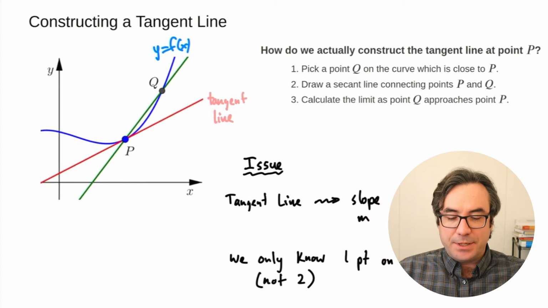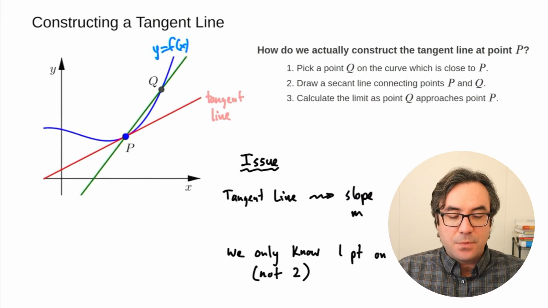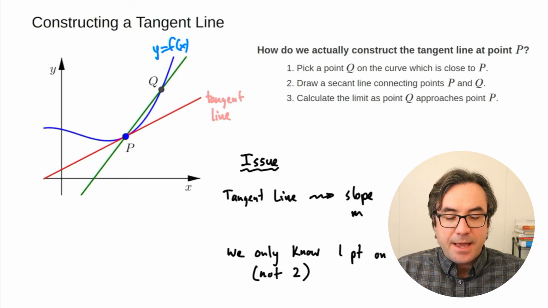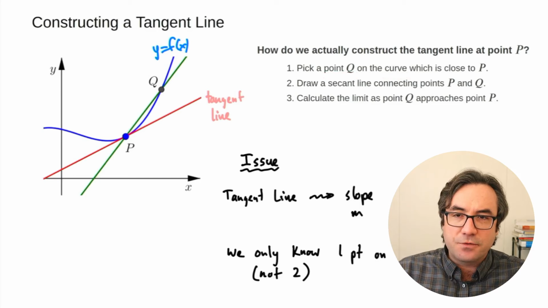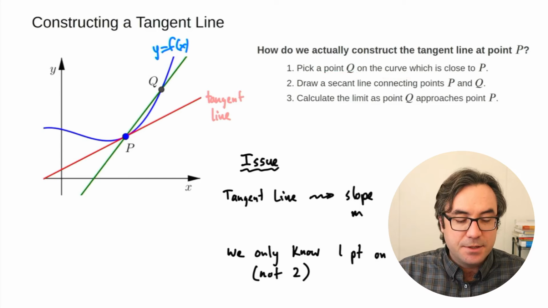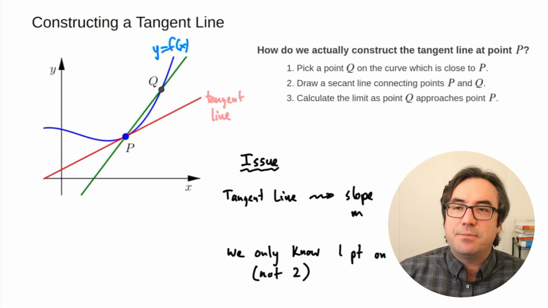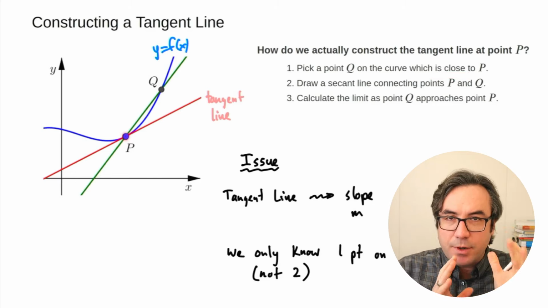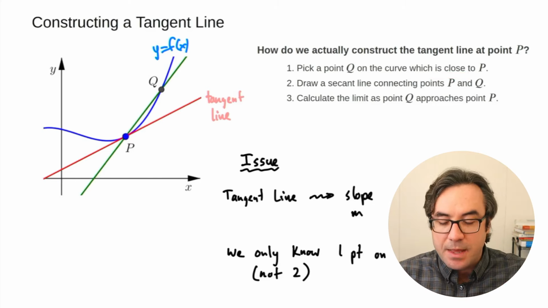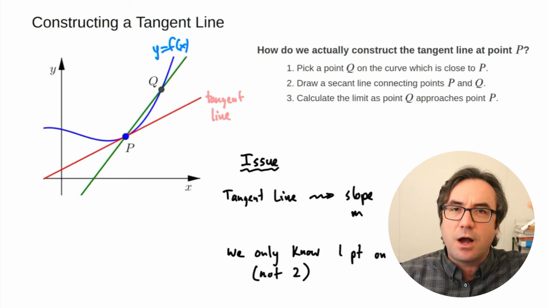So how are we going to do it? Well, we're going to pick a second point Q somewhere else on our curve, close to point P, but not exactly point P. So we have our point P. This is the point where we're interested in drawing the tangent line. We're going to pick a point Q somewhere off a little bit.